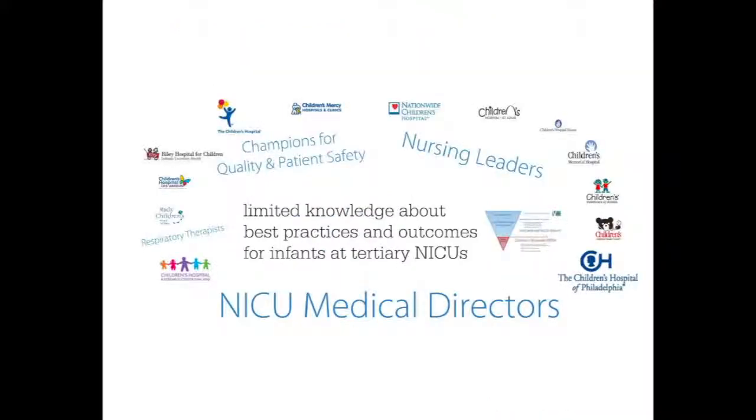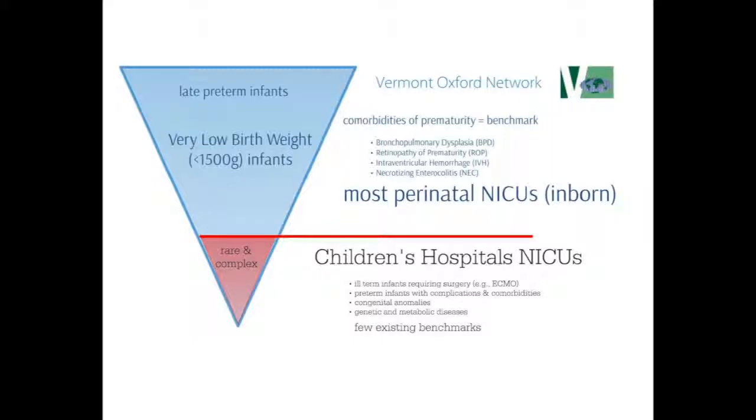So back in 2006, a bunch of medical directors and other patient safety officers and folks working on quality improvement were frustrated about the limited knowledge about best practices and outcomes for infants at tertiary NICUs. So there was already a well-established network known as the Vermont Oxford Network, which is about 900 different centers internationally that report data on very low birth weight infants. So those are premature infants less than 1,500 grams.